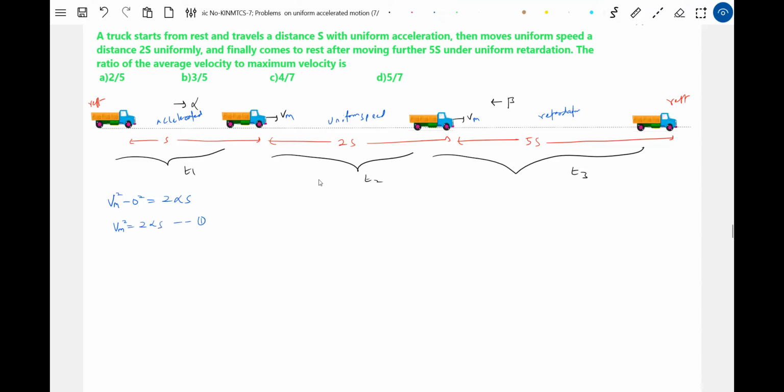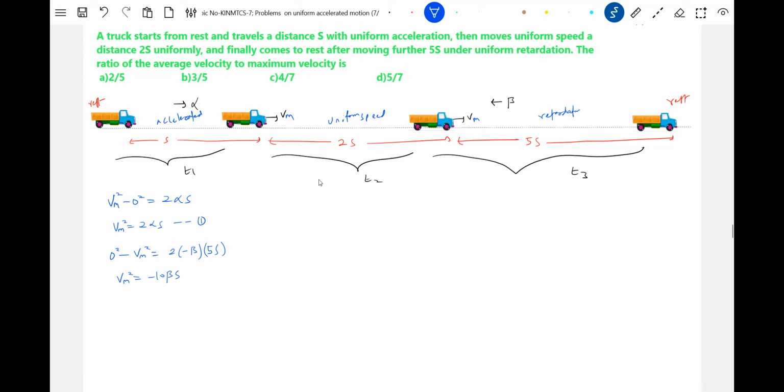For the retardation part, the initial velocity is Vm, and the final velocity is 0, so 0 minus Vm square equals 2 times minus beta times 5s. It undergoes retardation and finally comes to rest. So Vm square equals 10 beta s.